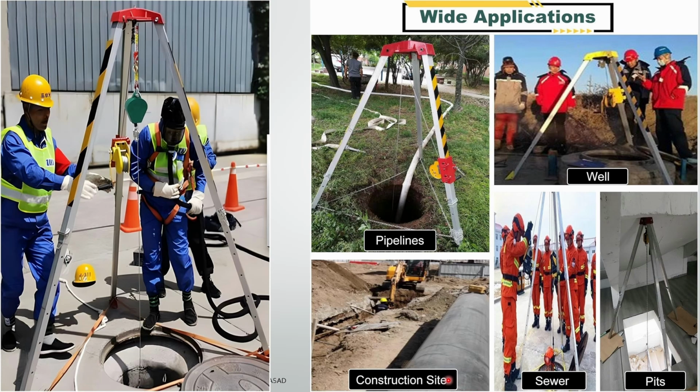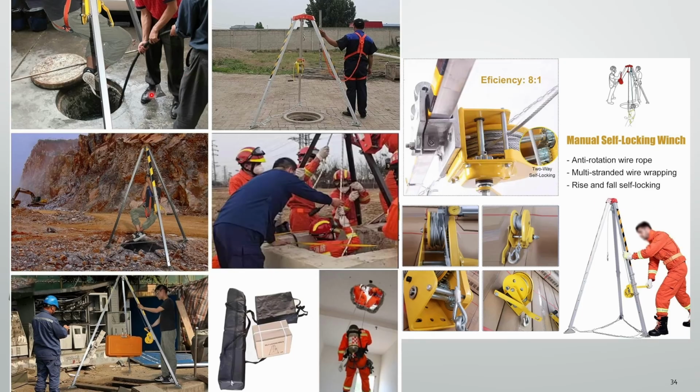Construction sites also use this tripod derrick, and in sewer work maintenance kind of jobs, this tripod derrick is used. In the pits also sometimes this tripod derrick is used. In the well also this tripod derrick is sometimes used. So these are different pictures showing you usage of the tripod derrick.